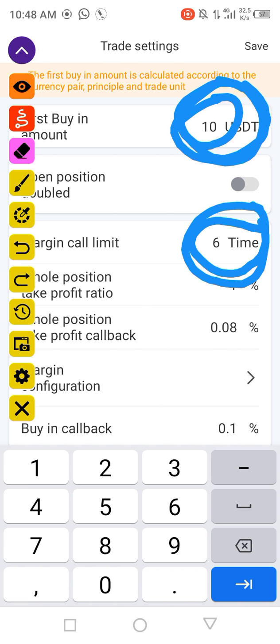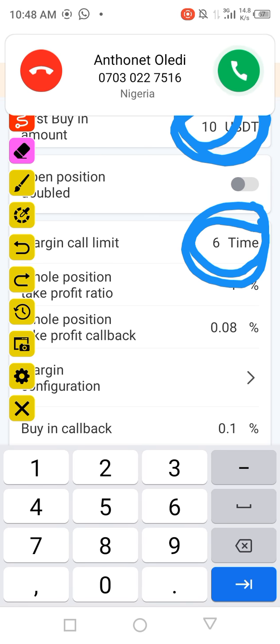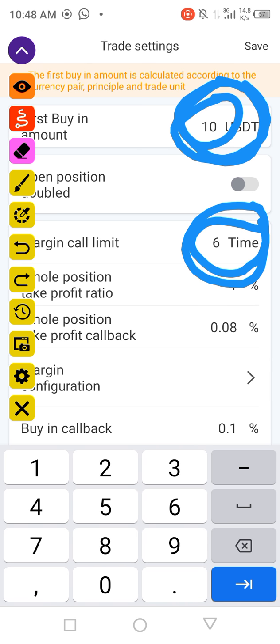So basically, margin call limits the system on the number of calls that it will call for a purchase.